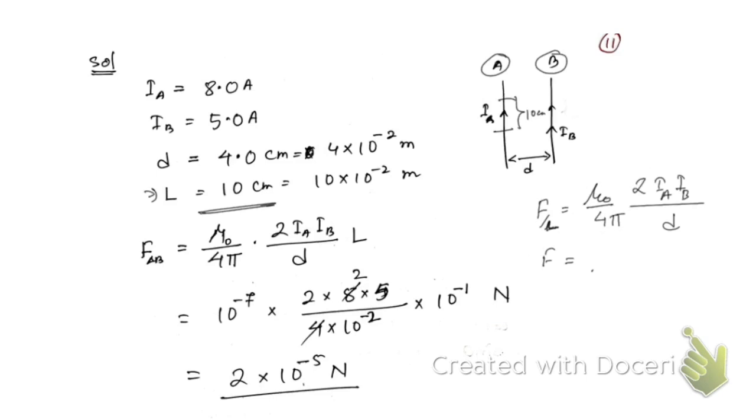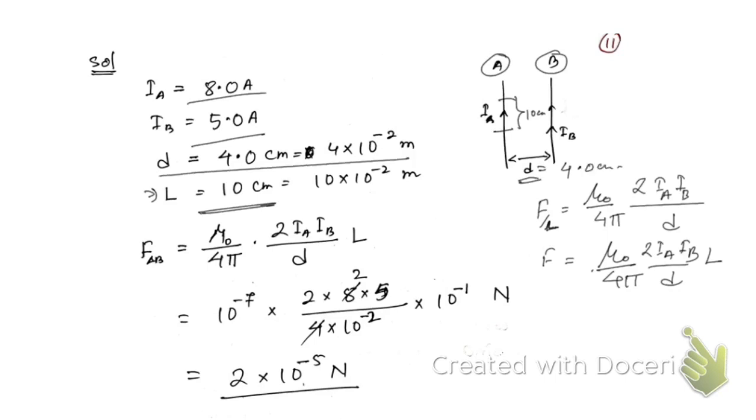So the formula is mu naught by 4 pi into 2 IA IB by D into L. Here L is 10 centimeter, and the currents are given. The separation between the two wires, D, is 4.0 centimeter. So use these values in this formula, then you will get this answer, 2 into 10 to the power minus 5. So hope you have understood this.